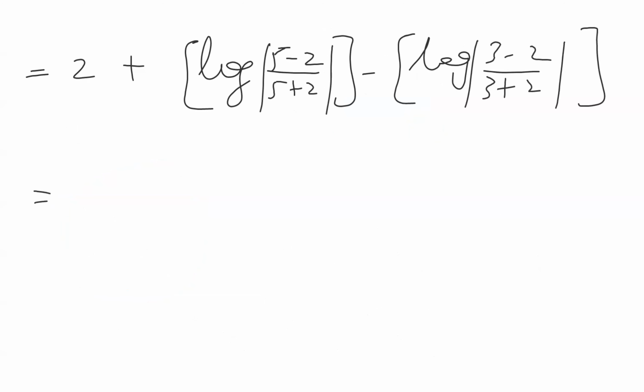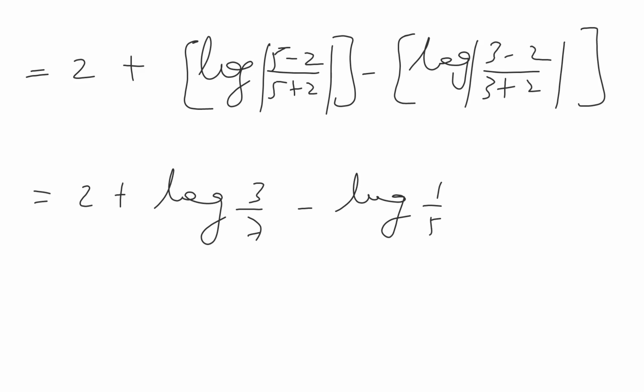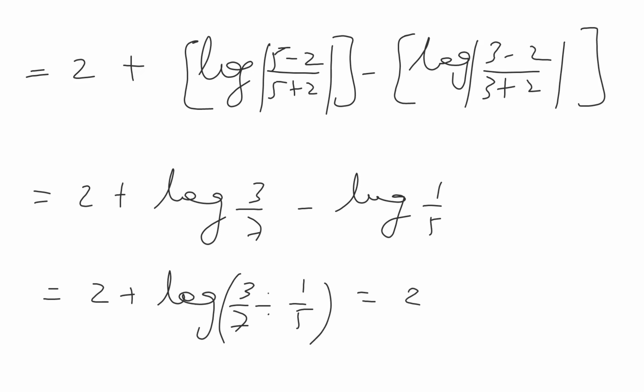So 2 plus log 3 upon 7 minus log 1 upon 5. So 2 plus log 3 by 7 divided by 1 by 5. So 2 plus log 3 by 7 into 5 by 1. So that will give you 15 by 7. Log 15 by 7.